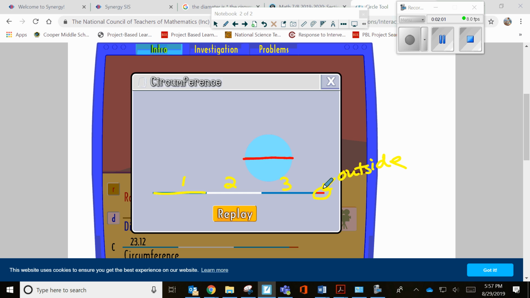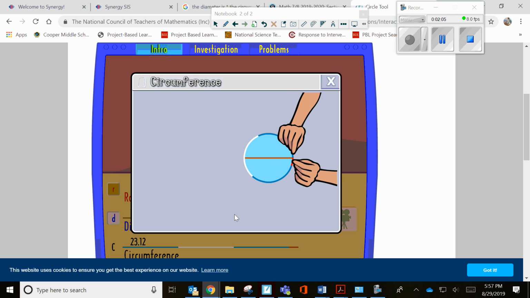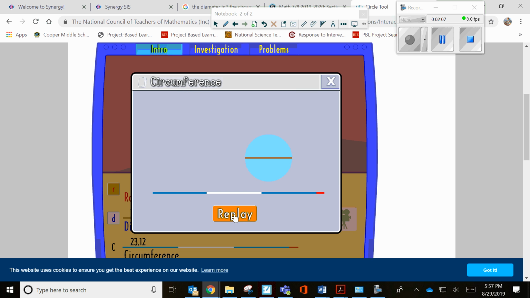Okay, so let's replay that. Watch again. So the distance around my circle is 3 and a little bit times the diameter, right?